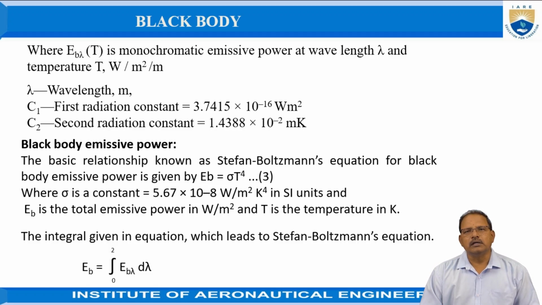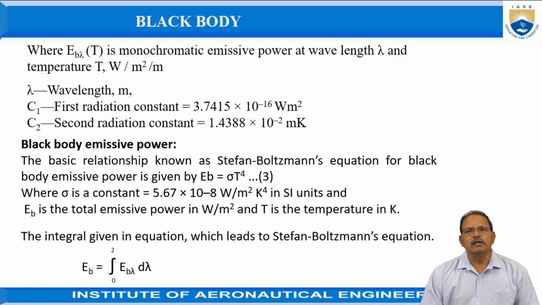C1 and C2 are the first radiation constant and the second radiation constant. These values are 3.7415 into 10 to the power of minus 16 watt meter square, and the second one is equal to 1.4388 into 10 to the power of minus 2 meter degree Kelvin.